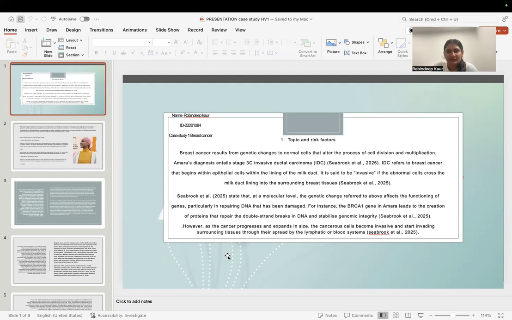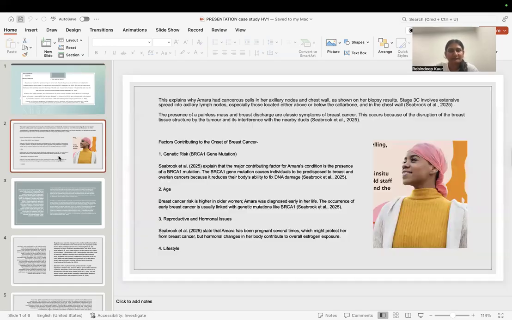The cancerous cells become invasive and start invading surrounding tissues through their spread via the lymphatic or blood system. This explains why Amara had cancerous cells in the axillary nodes and chest wall, as shown on her biopsy results. Stage 3 involves extensive spread into axillary lymph nodes, especially those located either above or below the collarbone, and in the chest wall.